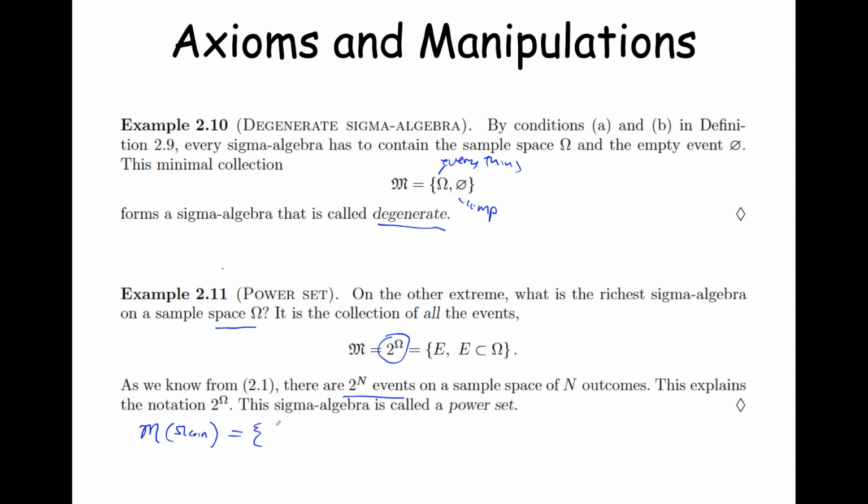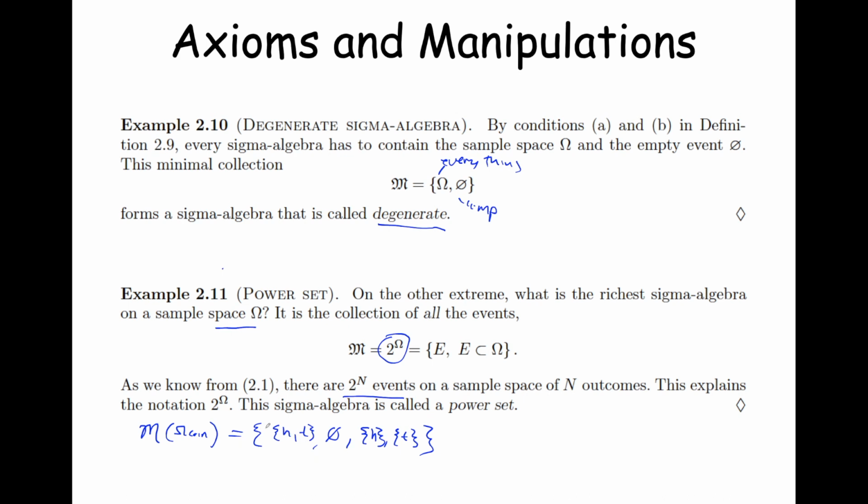It has the anything event, heads, tails. It has the nothing event, empty set. It has the one way, it has heads. And it has the complement of that one way, which is tails. And we've now exhausted everything.